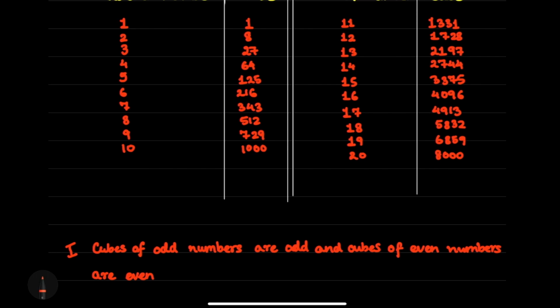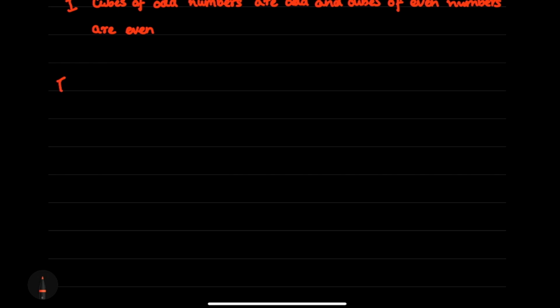So all odd natural numbers will have odd cubes. Let's look at some even ones. For 4 it's 64, for 16 it's 4096, for 20 it's 8000, and so on. Therefore, we can say that the cubes of odd numbers are always going to be odd and cubes of even numbers are always going to be even. Moving on to property number 2.